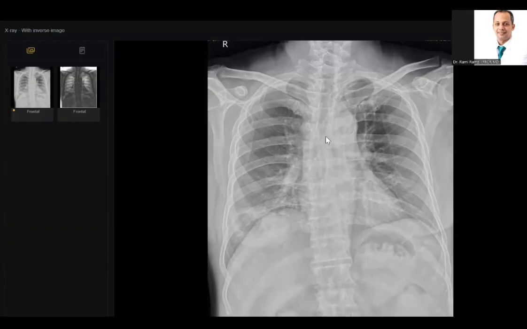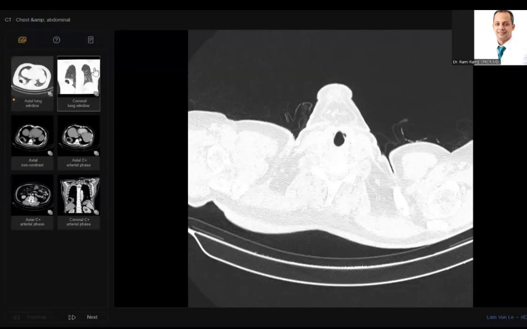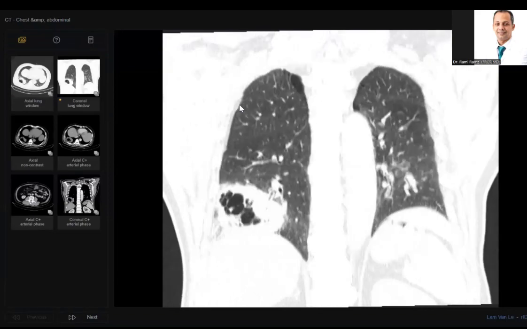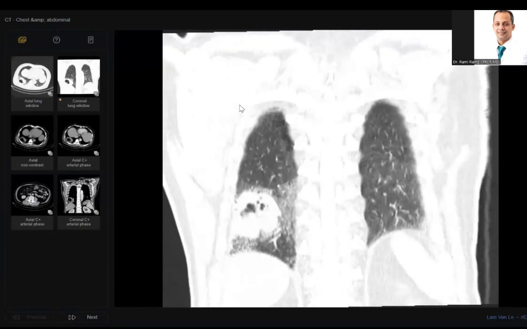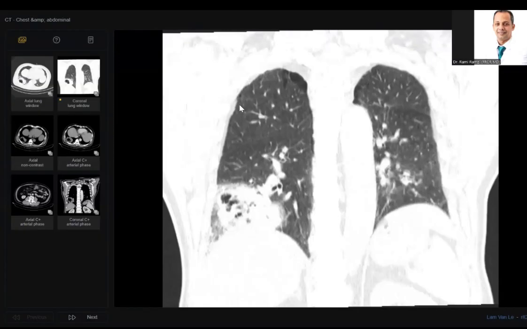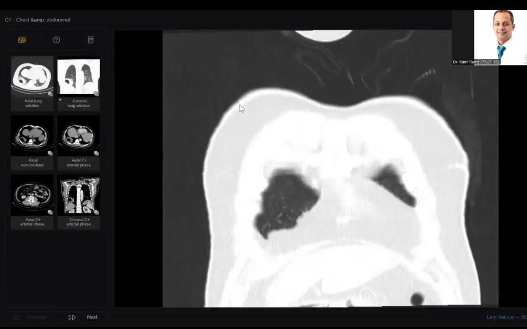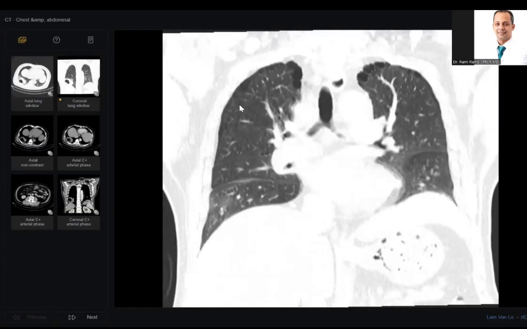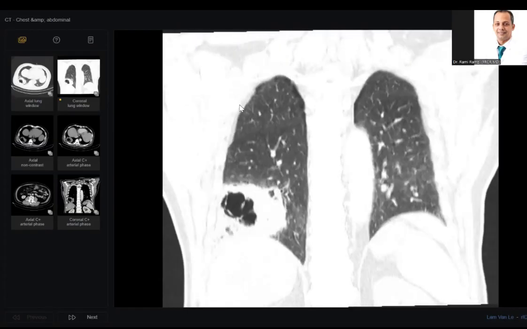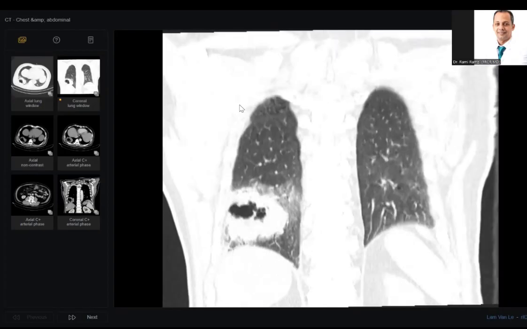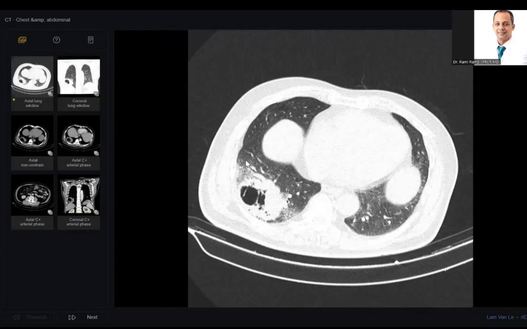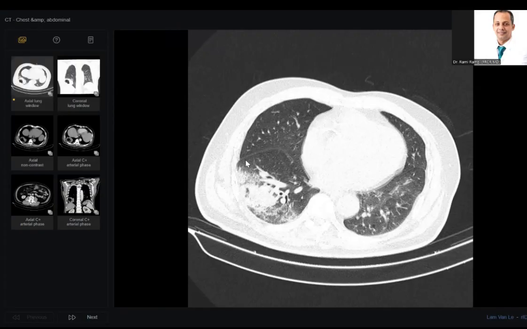What will you do next? Next I would like to advise a CT chest with contrast for further evaluation, and to look at the rest of the lung parenchyma. I can appreciate a large area of consolidation within the right lower zone with internal cavitation and surrounding adjacent ground glass haze, septal thickening, and this lesion has lobulated margins.